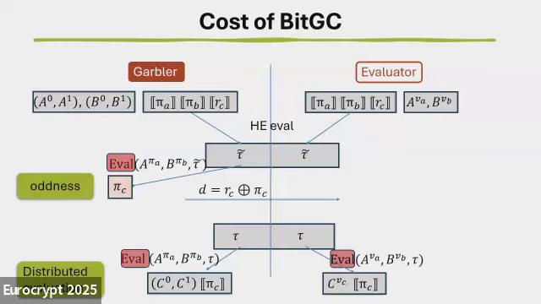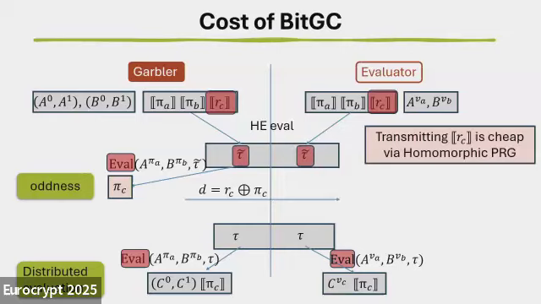That is the computation cost. As for the communication cost, it can be very succinct. As I said, we just need to send the encrypted random seed, whose size can basically be omitted. Then the evaluator can homomorphically evaluate the PRG to get the encrypted random bits.